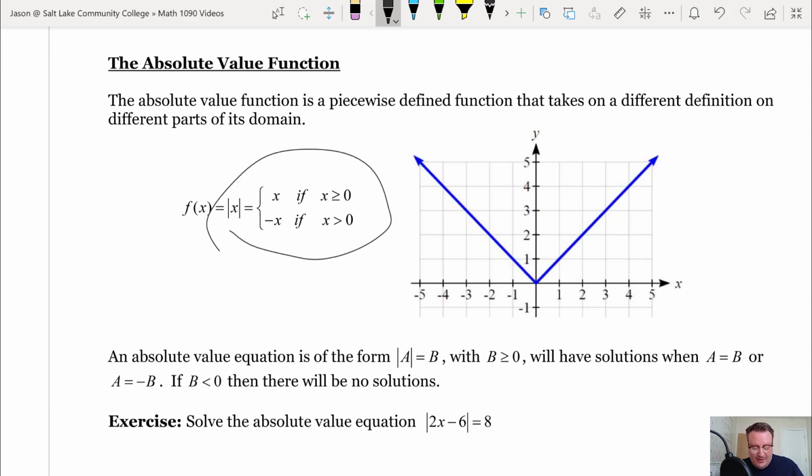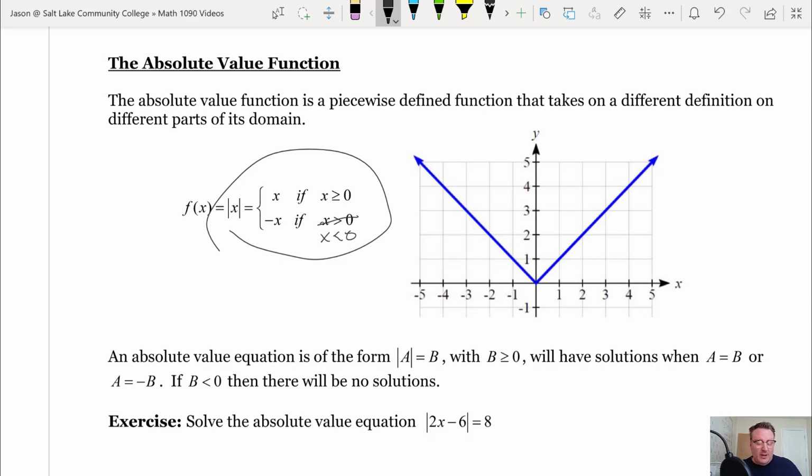You have then absolute value of x is equal to negative x, right? When x is... Oh, there's a typo here. Sorry. This is wrong. This should be when x is strictly less than 0. That's a typo. I need to fix that. So when your input is negative, then the output of the absolute value function will be the negative of that negative number.